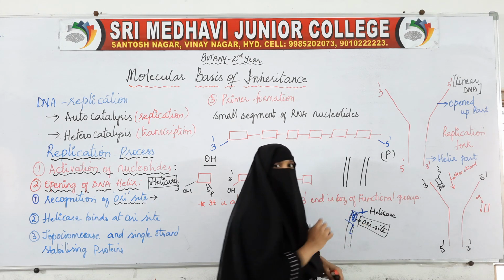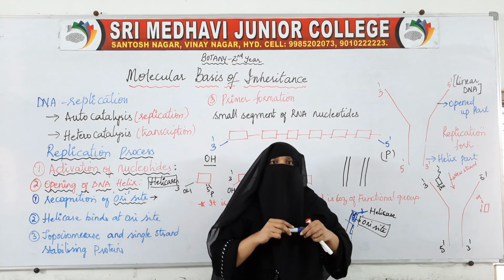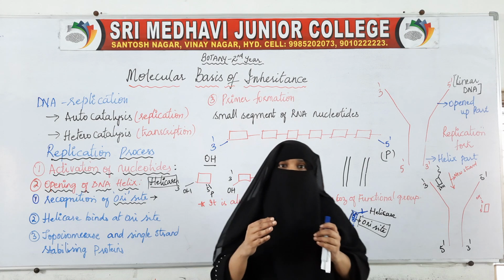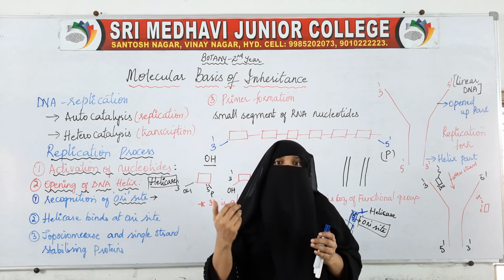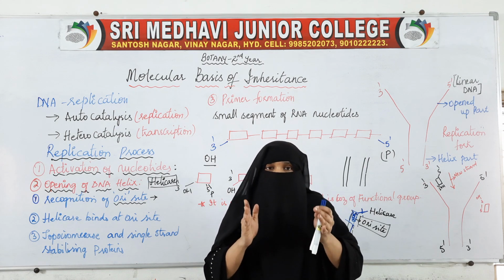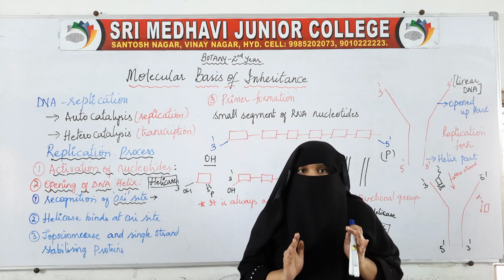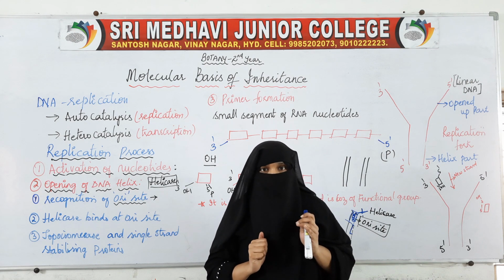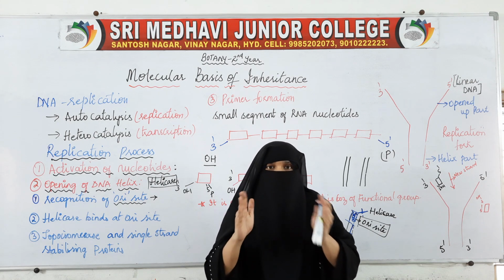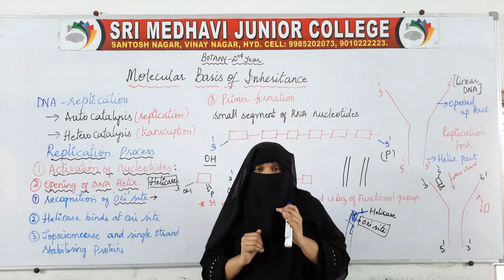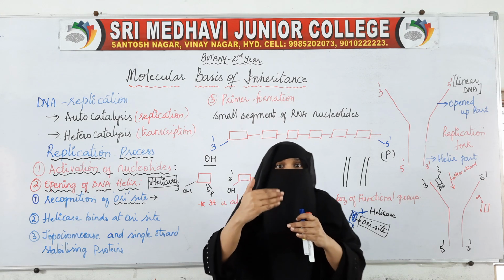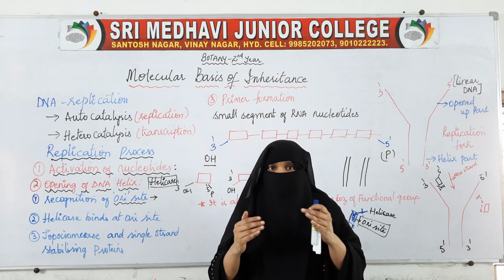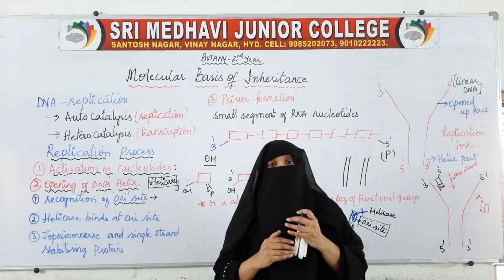To release this tension, so that even after opening up the strand does not coil back again, we have to open the coil. For opening the coil, the helicase enzyme is there. It binds at the ori site, and after binding it starts opening. After opening it should not coil back again.